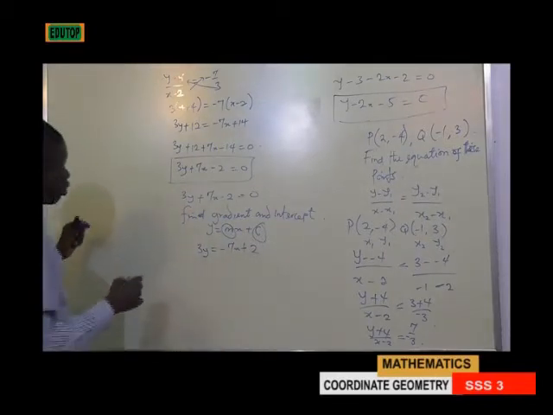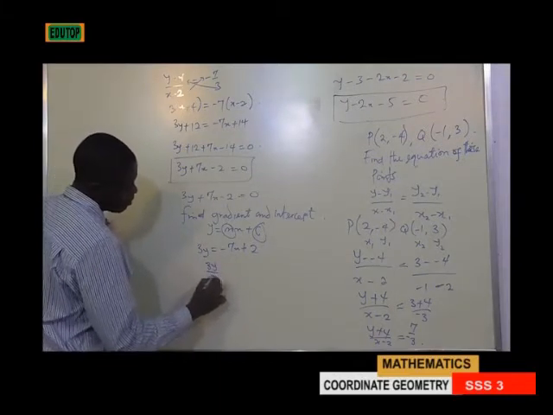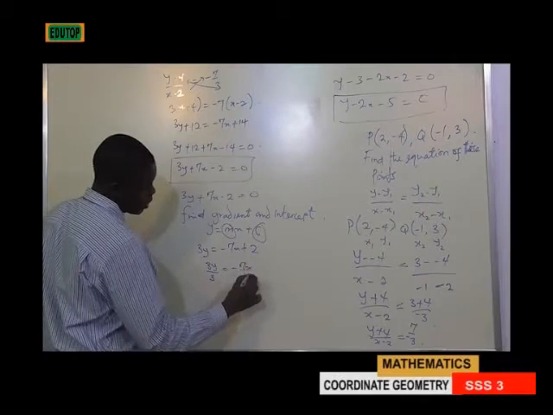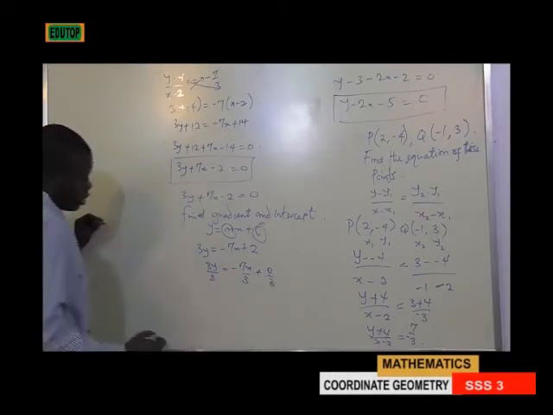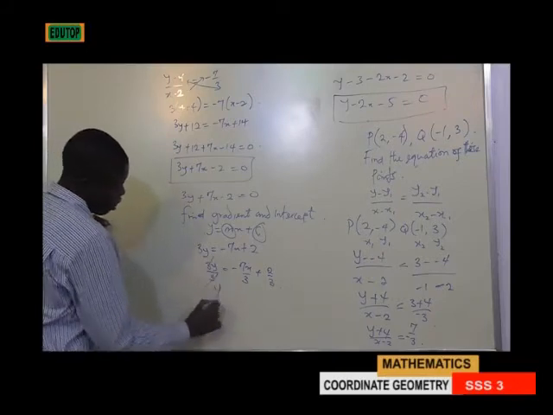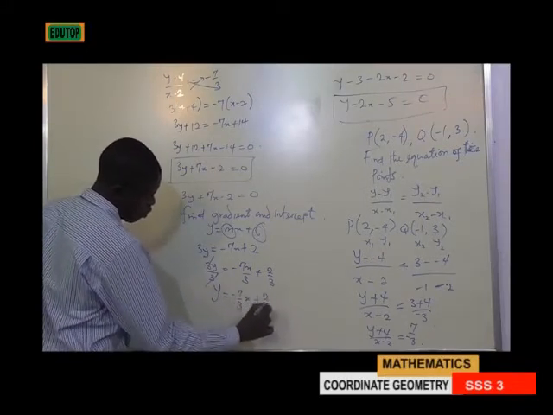The next thing to do is to divide both sides by 3. So 3y divided by 3 equals minus 7x over 3 plus 2 over 3. Then this cancels this, so we have y equals minus 7 over 3 x plus 2 over 3.